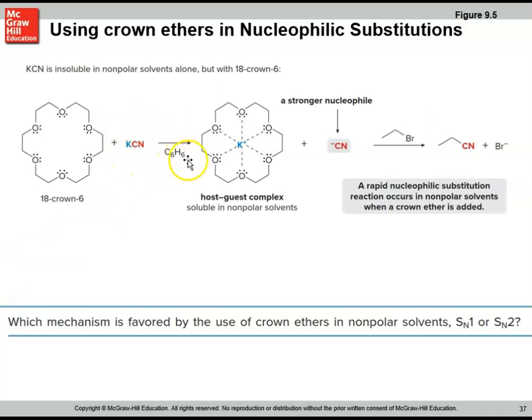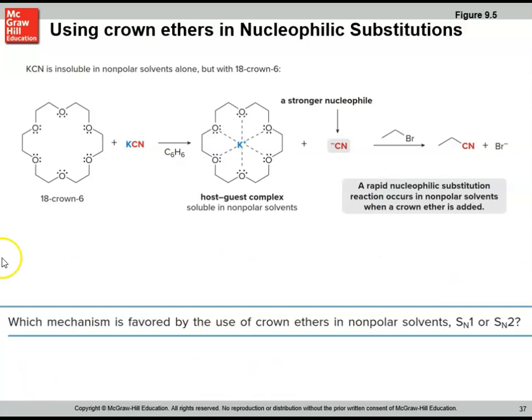If we have a different type of 18-crown-6 compound that's shown here, we can solubilize that potassium ion, and then we allow that negatively charged nucleophile to then undergo this rapid, strong nucleophilic substitution reaction. So these crown ethers can be very helpful in helping to generate a stronger nucleophile.